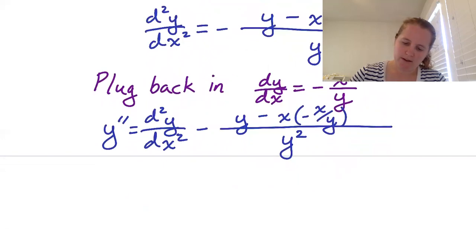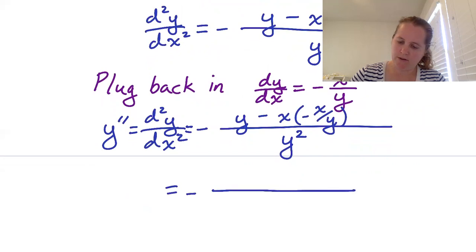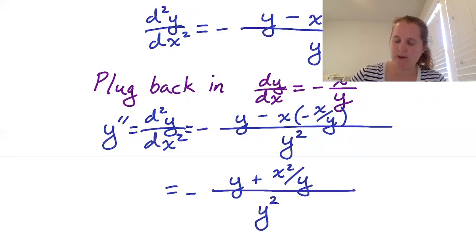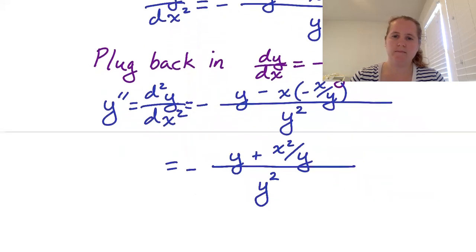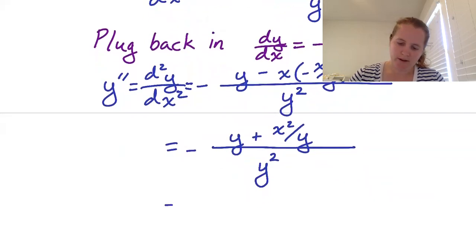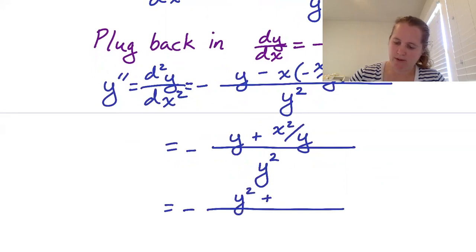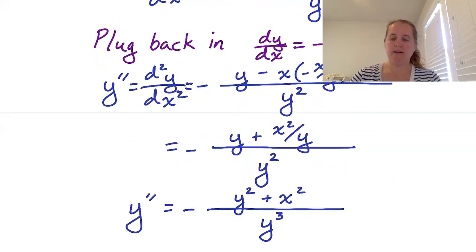Or this is equal to negative y plus x squared over y, all over y squared. Or this is equal to negative y squared plus x squared all over y cubed. So we have y double prime is equal to negative y squared plus x squared, or x squared plus y squared, all over y cubed.